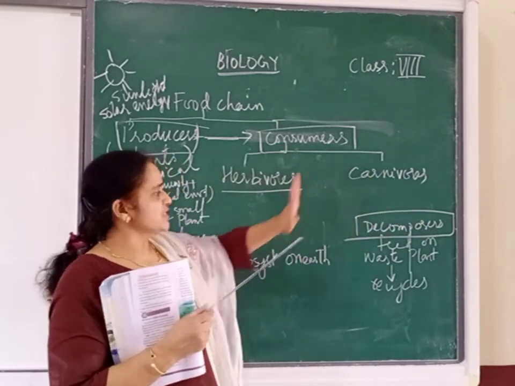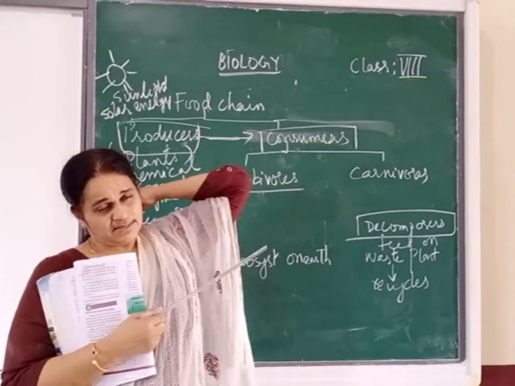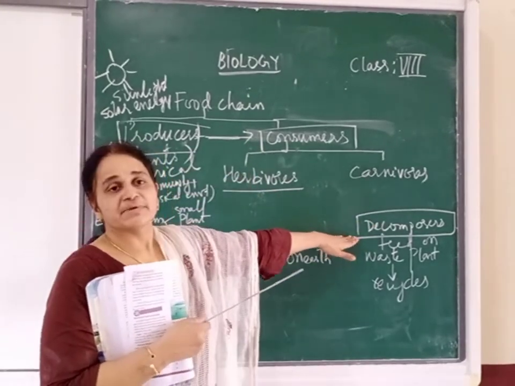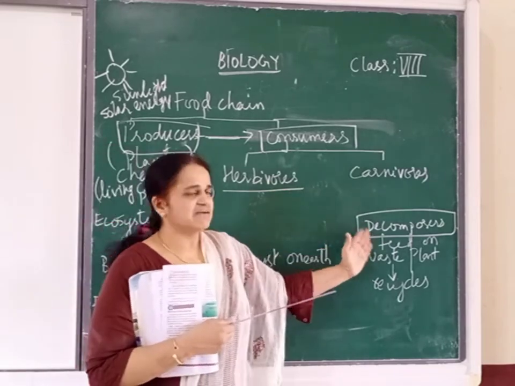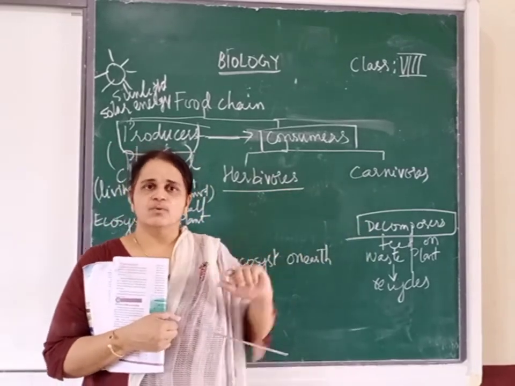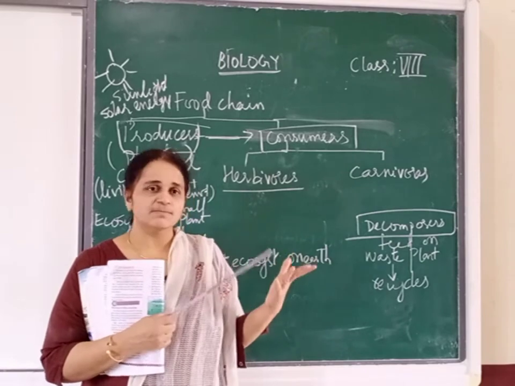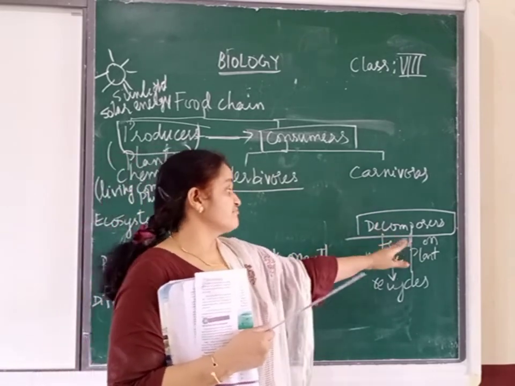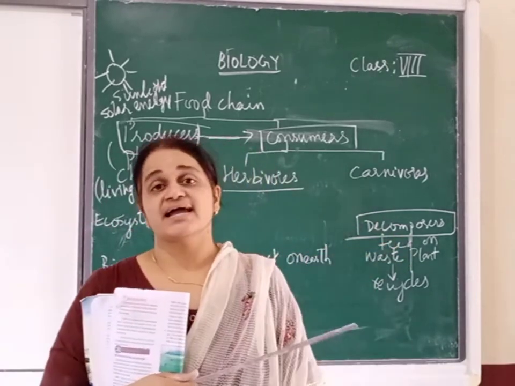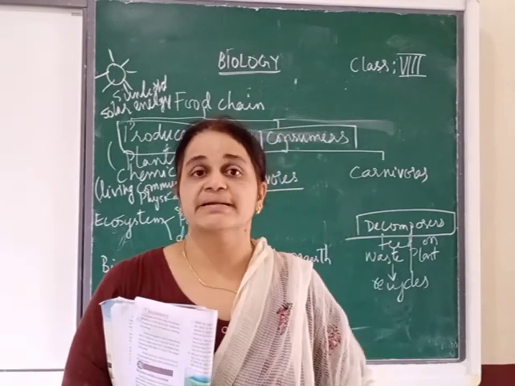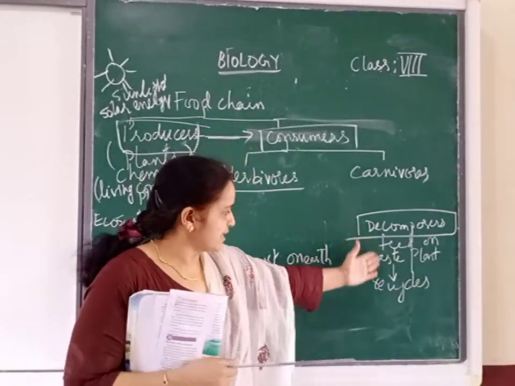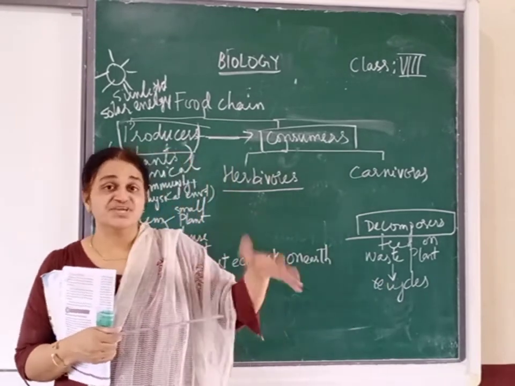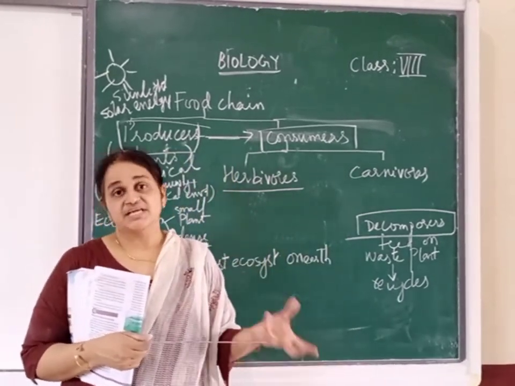But here now there is one more group of organisms, named decomposers. At every level we have these decomposers. Now what are these decomposers? They feed on the waste of plants or animals, or debris. Debris means waste materials. So they depend on that. That means it helps in recycling.